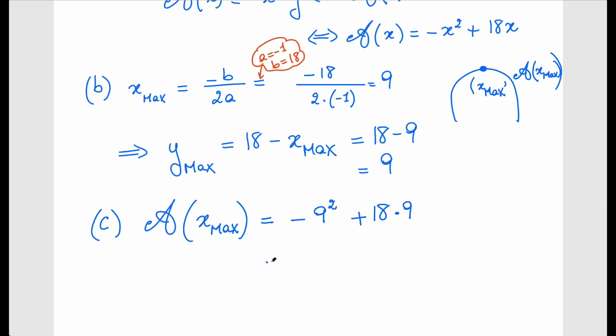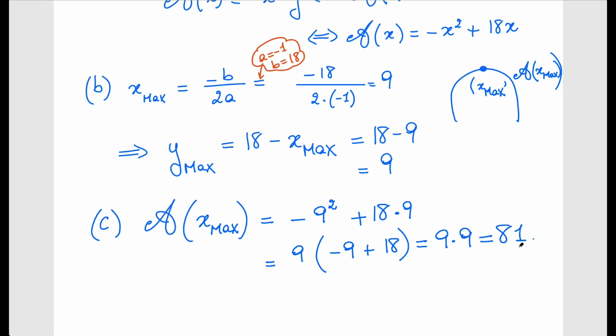Okay, and how much is this? You can just do it your way. I'm going to factor out a 9 here. If I factor out a 9, I'm going to get minus 9 plus 18, correct? And this is 9 times 9, which is 81, correct?